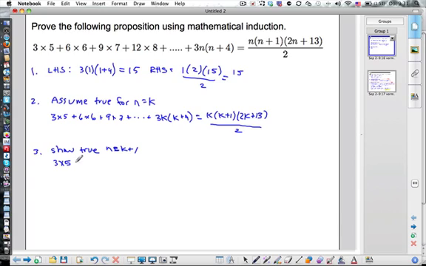So we should have something that looks like this. 3 times 5 plus 6 times 6 plus all these terms, 3k times (k plus 4), and tack on the next term, which is 3(k plus 1). So if I distribute that, I should get 3k plus 3 and then (k plus 5).